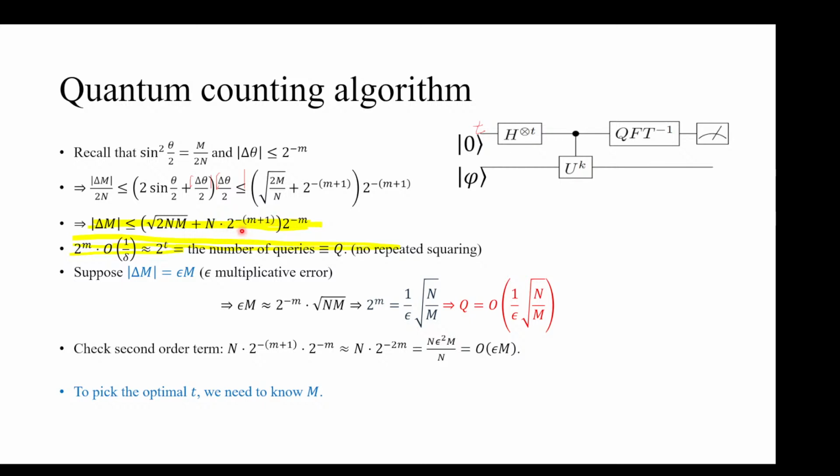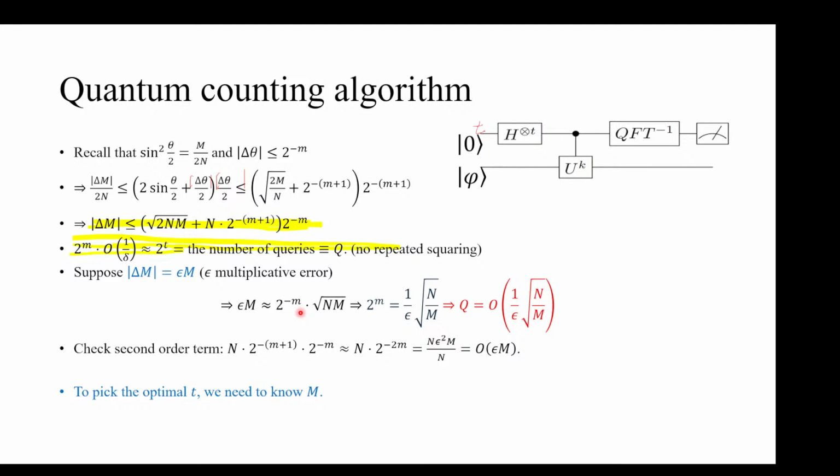So if we ignore the second term, then epsilon m is about 2 to the minus n times this. I use the tilde notation to mean order, so we ignore the constant factor. So it's about 2 to the minus n times the square root of n.